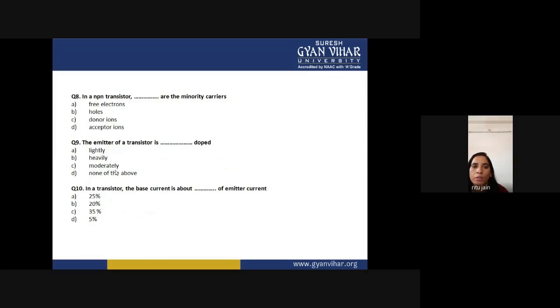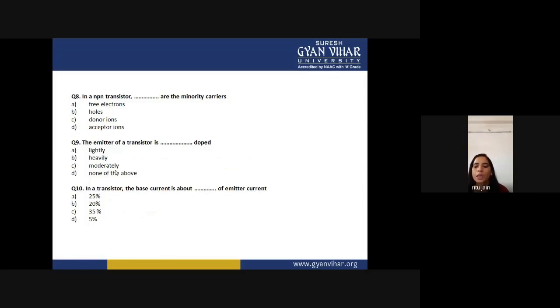So the emitter current will be large compared to the base current. The options are: A 25%, B 20%, C 35%, and D 5%. So the correct answer is 5%.